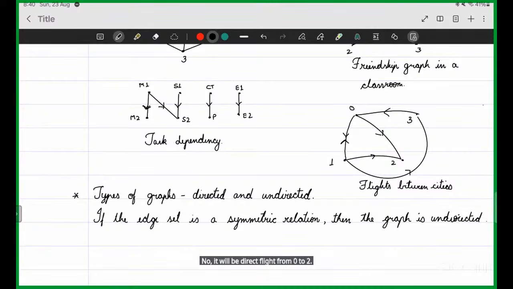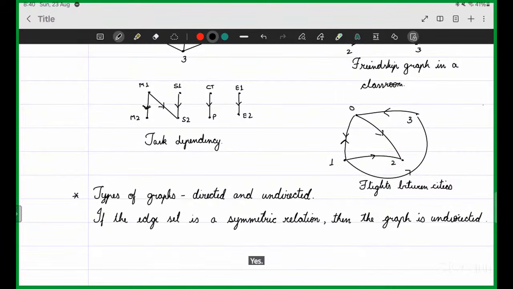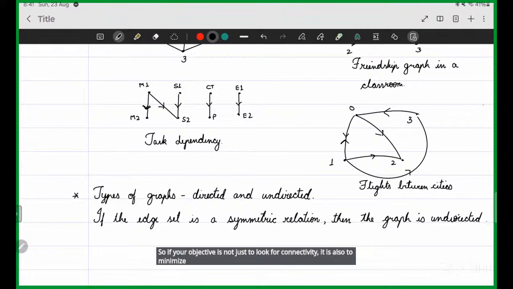But you know from the real world that sometimes direct flights are more expensive than taking one with a layover. So there, the cost of this edge also would matter, if your objective is not just to look for connectivity but also to minimize the cost.